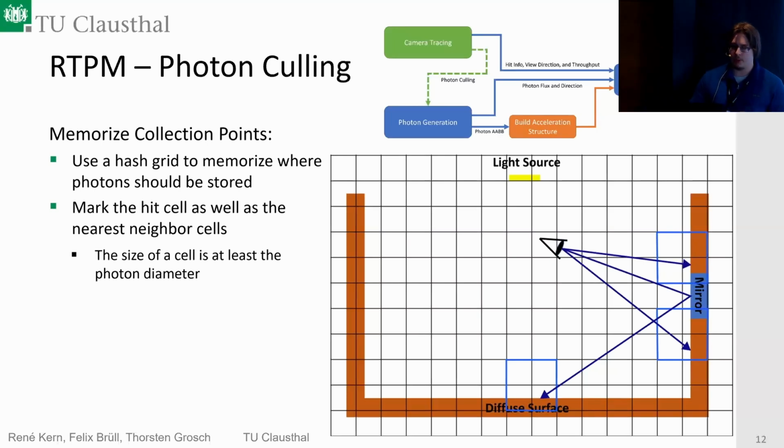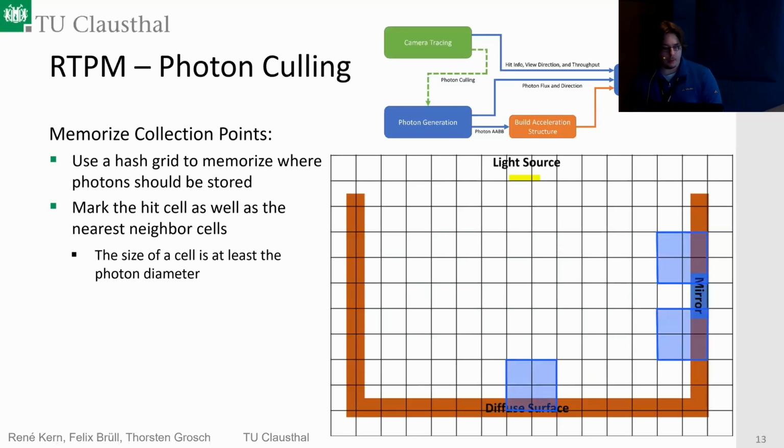So the grid is in world space, and to ensure that we need to mark as few grid cells as possible, we said that the size of the cell needs to be at least the size of the photon diameter. In that case, we can ensure that we need a maximum of 8 cells in 3D. Of course, the cell can be bigger, and sometimes this is also better, because too small cells can lead to some problems.